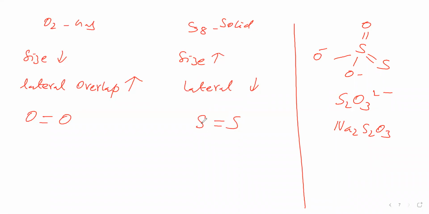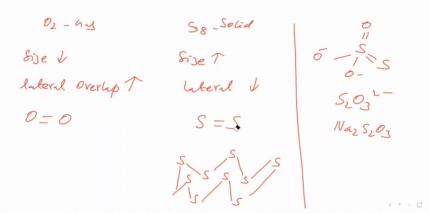Sulfur is not going for pi bonding with another sulfur in the element. Instead of pi bonding, in what form does sulfur exist? Sulfur exists in a form like this. How many sulfur atoms are there? 2, 4, 6, 8, so 8 sulfur atoms should be there.